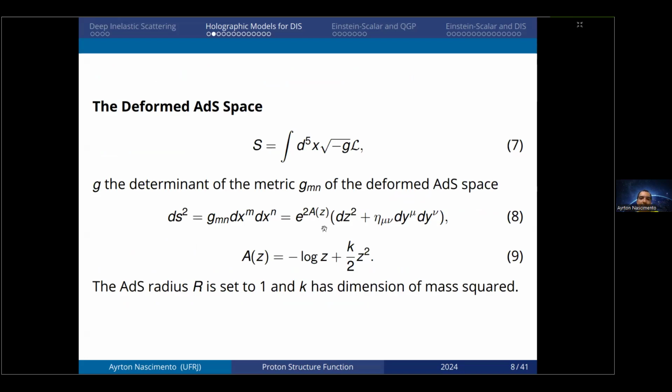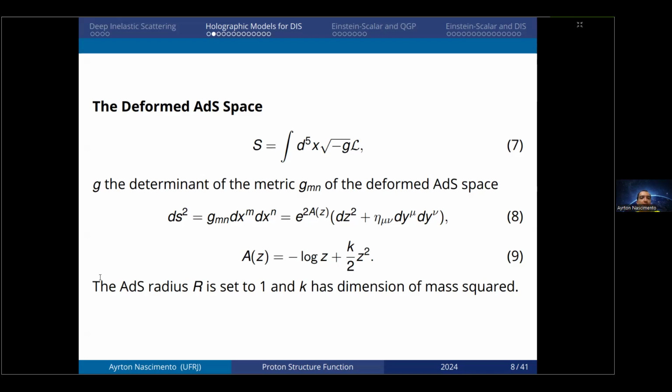It's not the usual AdS space, it's AdS space with an exponential factor in front of it that deforms the AdS space, okay? And this function A of z goes like this. So if you work with the first term, you just get the usual AdS space, but it has an additional term with this k, which has dimension of mass squared, depending on the z coordinate, the holographic coordinate z, okay?